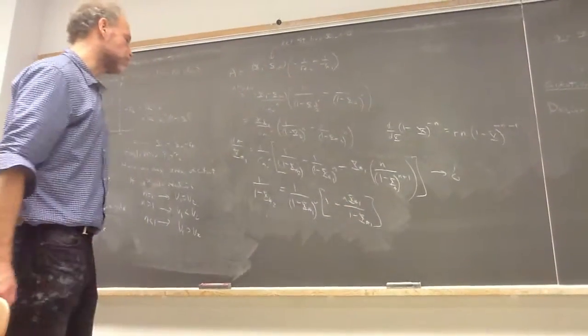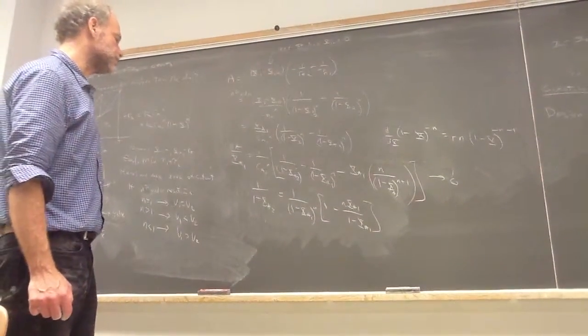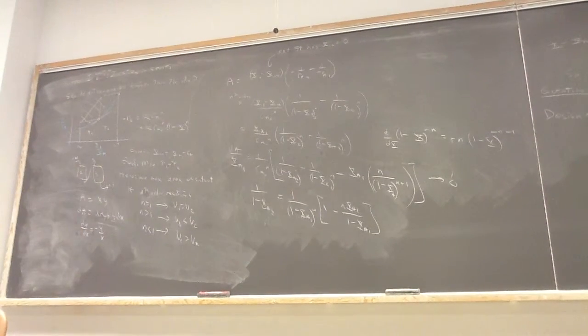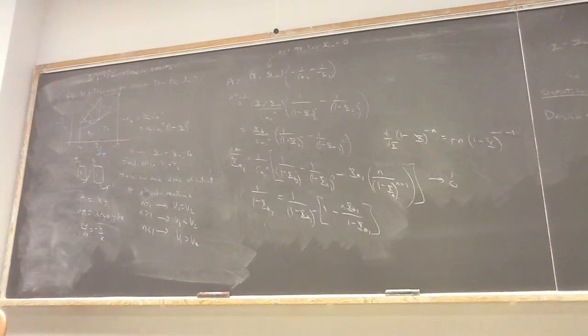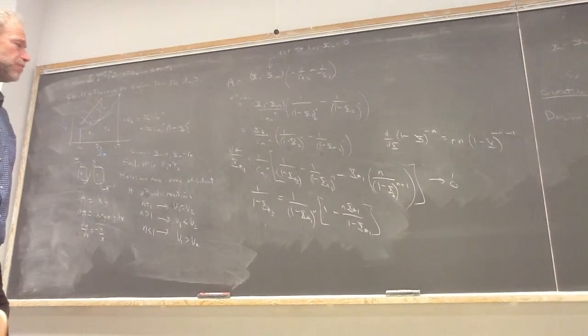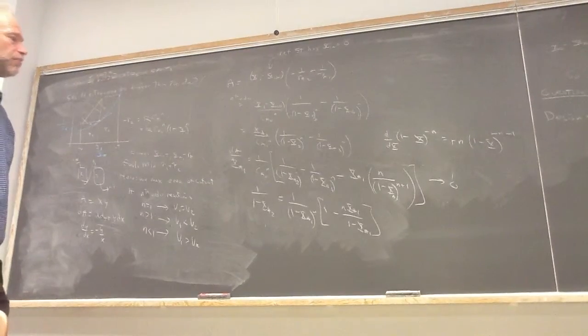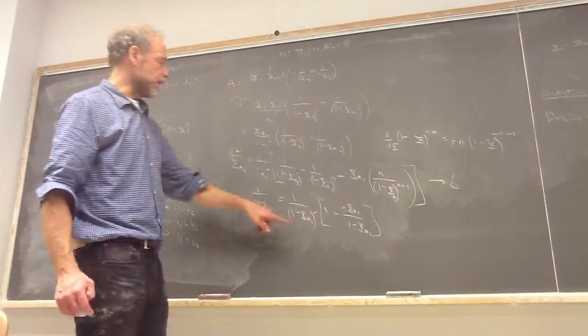It's 1 over 1 minus xa2. And that doesn't look right. Why don't we multiply through by 1 minus xa1 to the n.